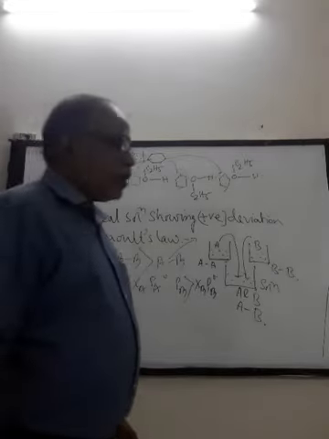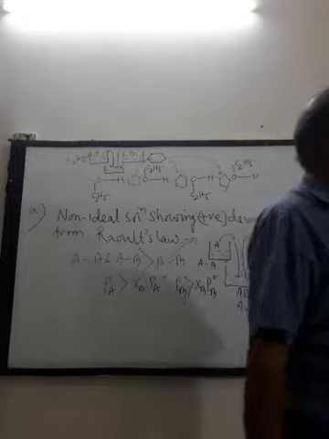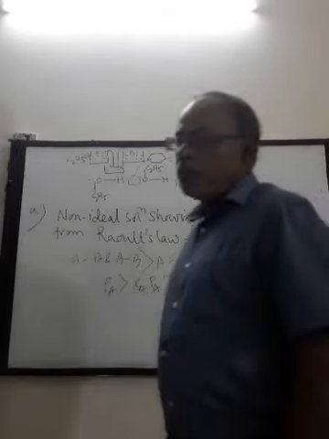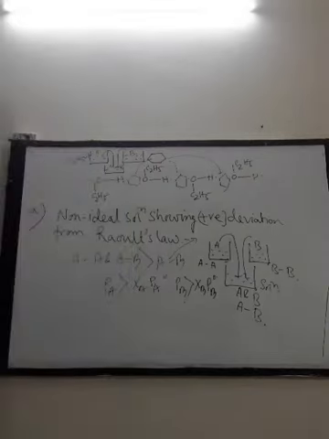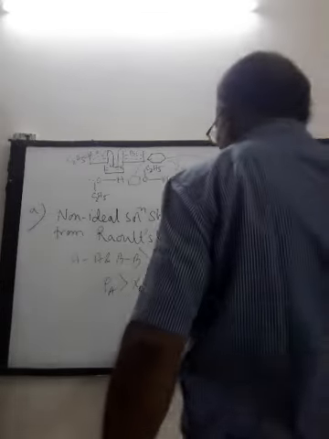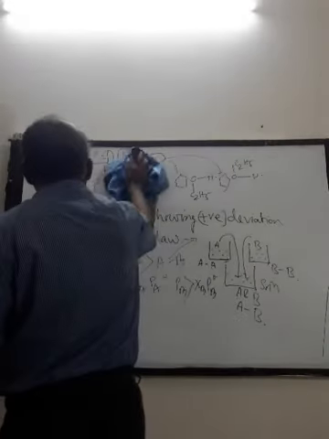Third, the process of mixing is endothermic, that is delta H is positive. And finally, the volume change on mixing is also positive. So next we write the characteristics of a non-ideal solution showing positive deviation.